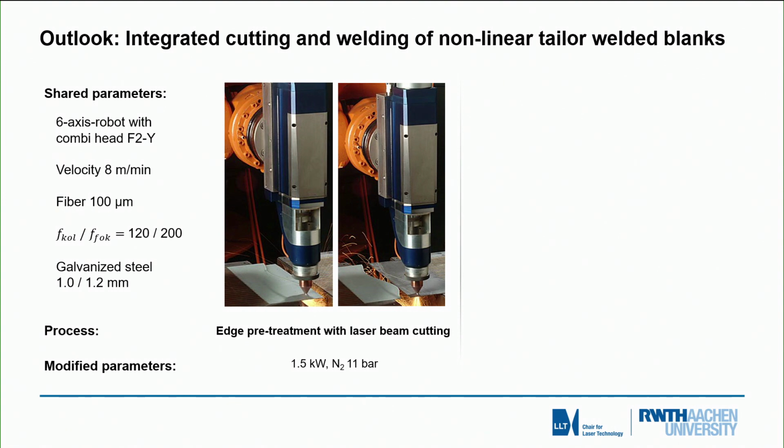In this case here, cutting and welding is used for production of non-linear tailor-welded blanks. A tailor-welded blank is a blank consisting of two thicknesses or even two materials. And if we want to have a transition area which is not a straight line, then we can cut it individually, and with the same data we cut the other part, so we have very high repeatability.